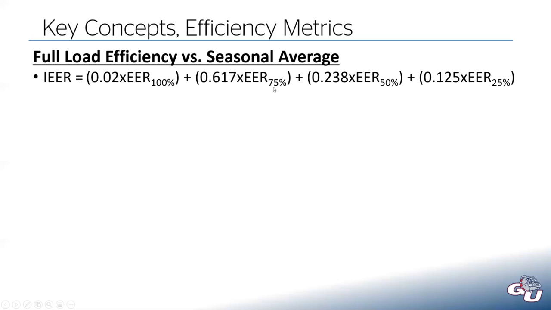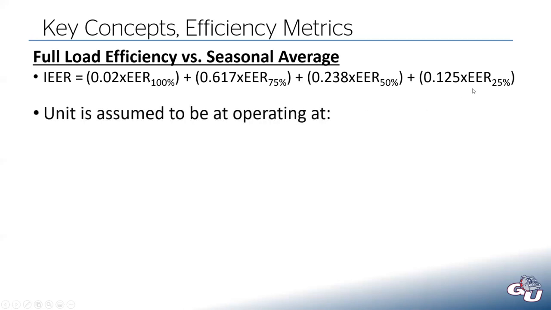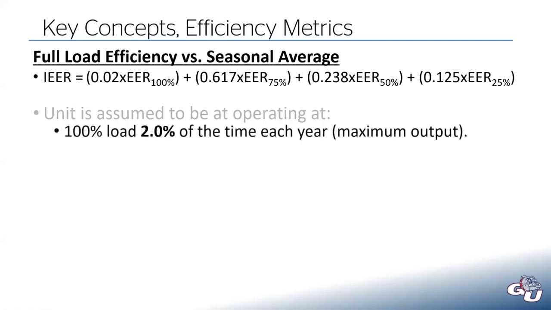And then they test the EER at 75% load, so a little bit lower load. And this is weighted at 61.7%. And then a third test at 50% and a fourth test at 25%. So they have to come up with an operating efficiency at 4 different conditions, and then they weight those efficiencies to come up with an average.